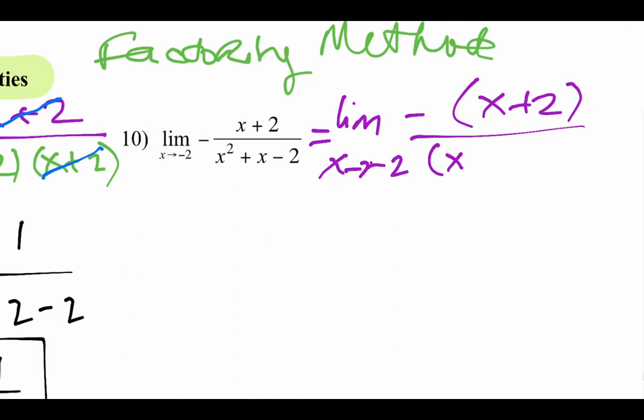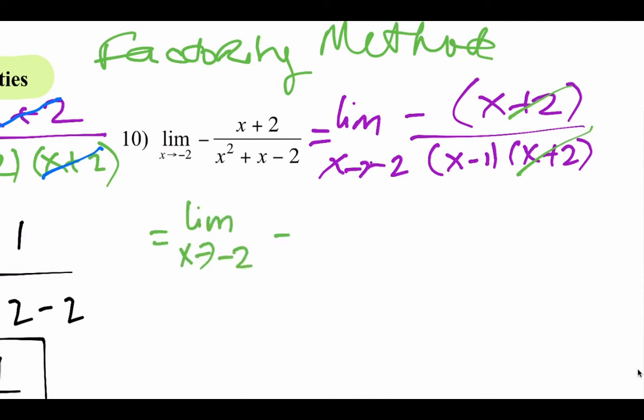If you have problem with factoring a quadratic function, then see me and I'll help. This one will be negative 1 times x plus 2. A lot of time the denominator, one of the expressions will tell you exactly what you need to cancel out. So in here, I can cancel out the x plus 2. Limit x approaching negative 2, negative 1 over x minus 1, plug it in.